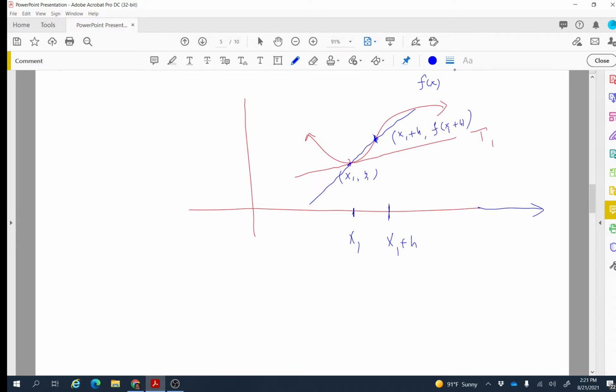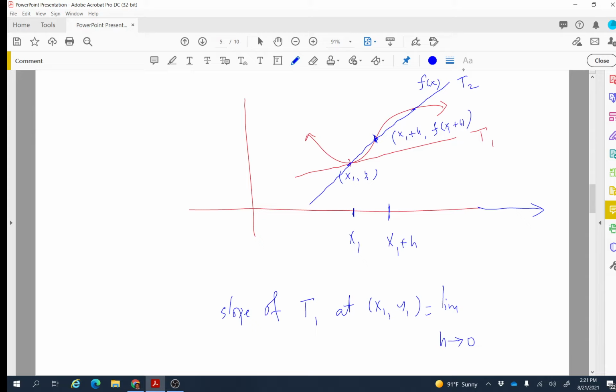So I can find the slope of the tangent line T1 at x1, y1 by taking this h very close to 0, which I can write as the limit when h approaches 0. The slope of this line, let's say T2, becomes the slope of T1 at x1, y1, if I take h very close to 0.